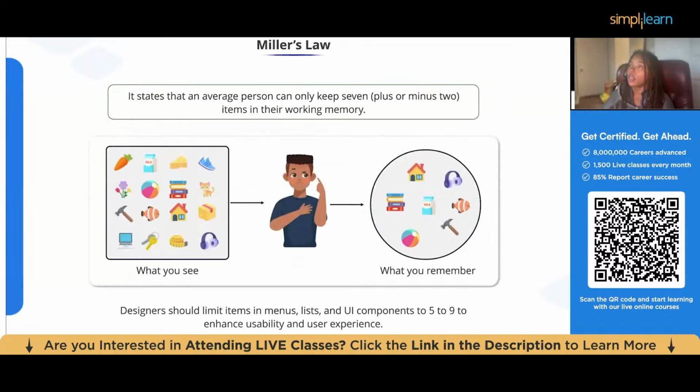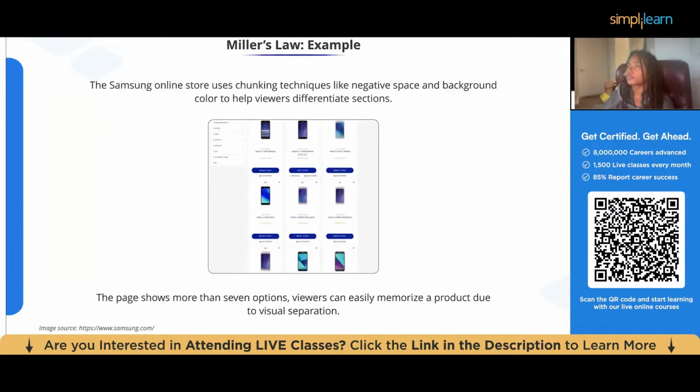And then you have Miller's Law. It states that an average person can only keep 7 plus or minus 2 items in their working memory. So, for example, what you see versus what you remember. You can see more than you remember. Designers should limit the items in menus, lists, and UI components to 5 to 9 to enhance usability and user experience.